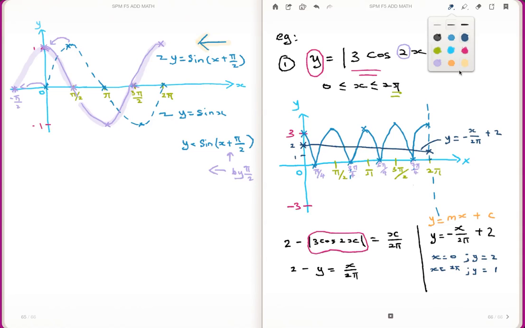And since they ask you for the number of solutions, how many points? Wow, quite a lot. 1, 2, 3, 4, 5, 6, 7, 8.